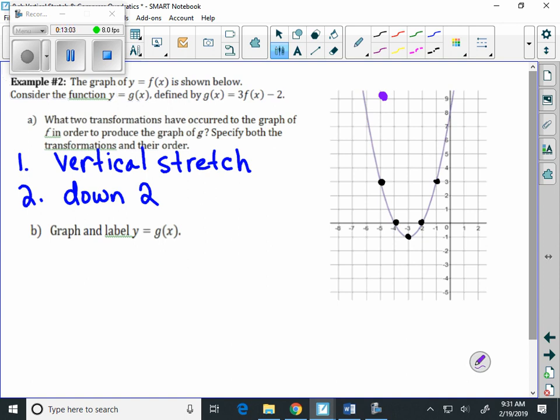We're going to multiply the y value of 0 by 3. But 0 times 3 is 0. Our vertex is -3, -1. -1 times 3 is -3. -2, 0 is the next point on our graph. 0 times 3 is still 0.